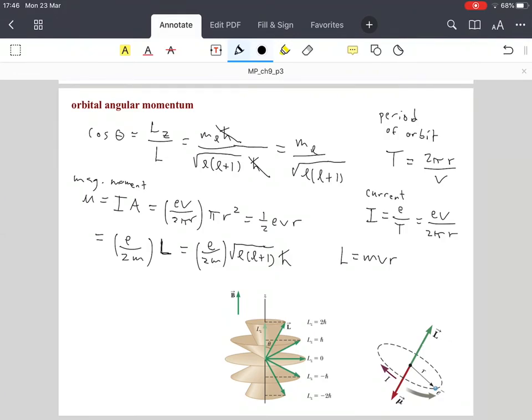Now, h bar is a constant, so if we want to define a new constant value, which is called the Bohr magneton, I'll write that down here.